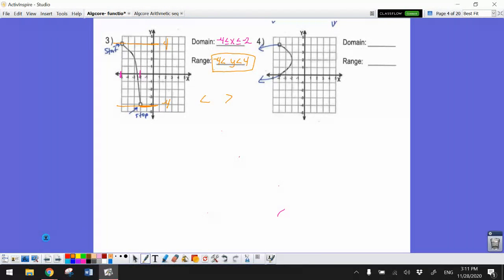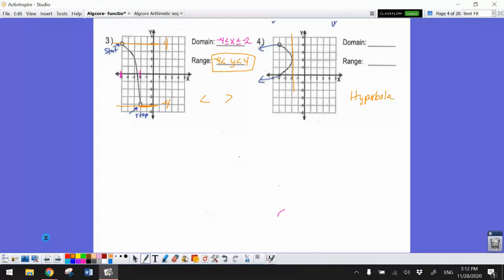All right, what about this one? Well, this one is not a parabola. This is actually called a hyperbola because it's going to the side this time. So this one has a right side.